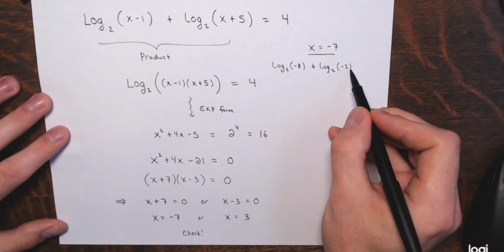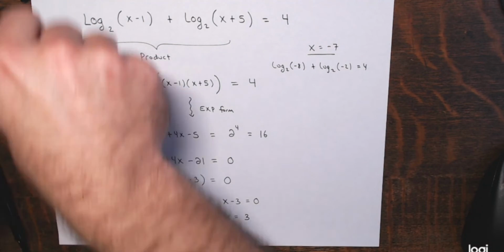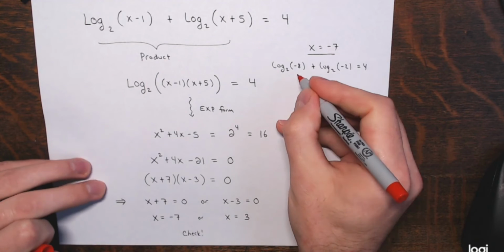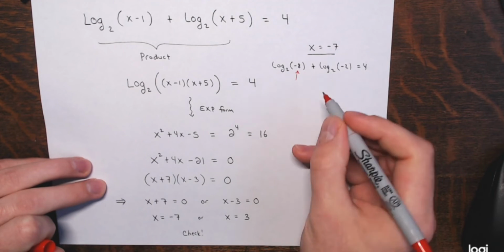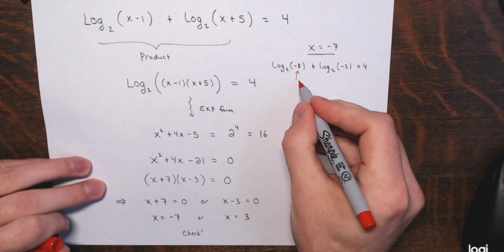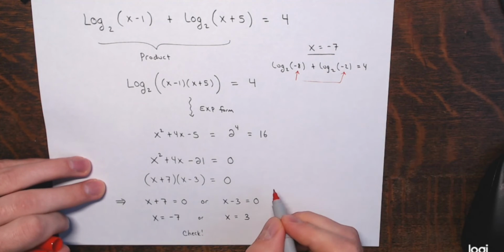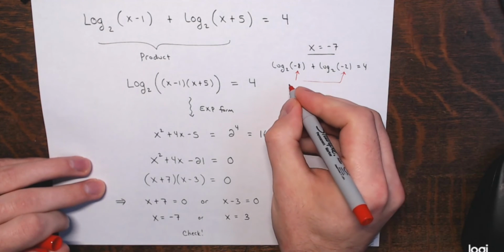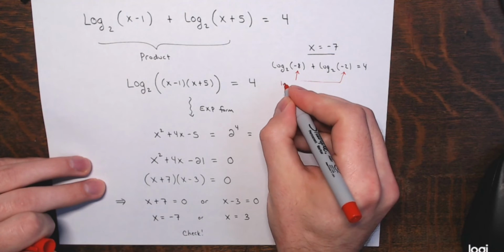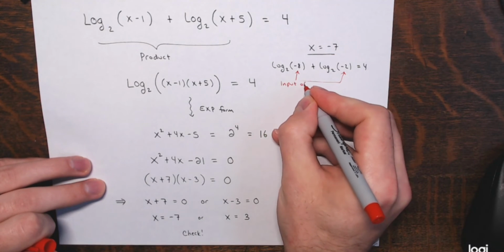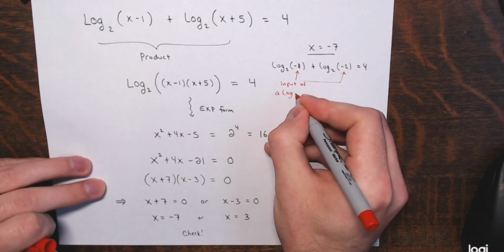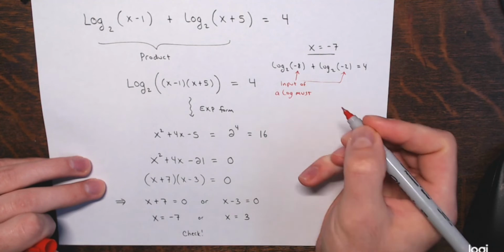Is this equal to 4? As I said, this is an issue. You have negative 8 inside that logarithm. You have negative 2 inside that logarithm. The input of a log must be positive in our studies.